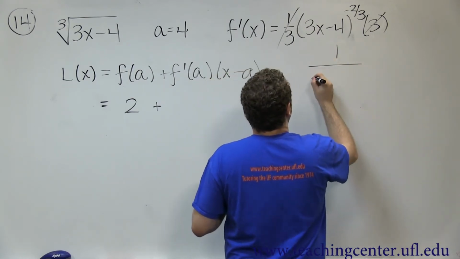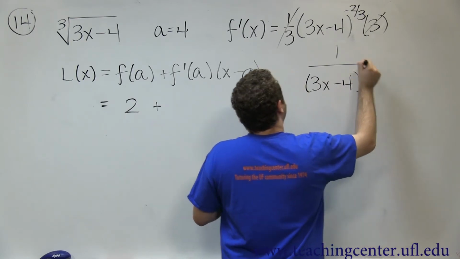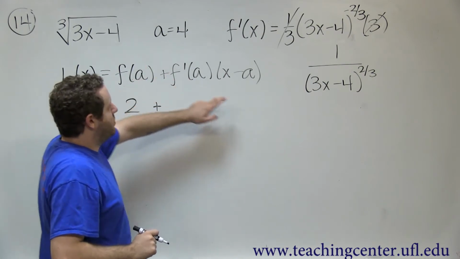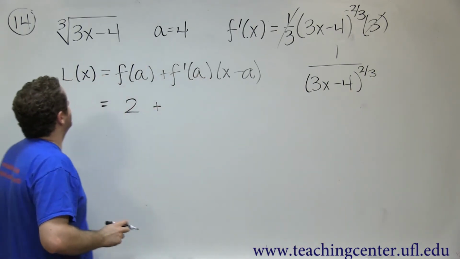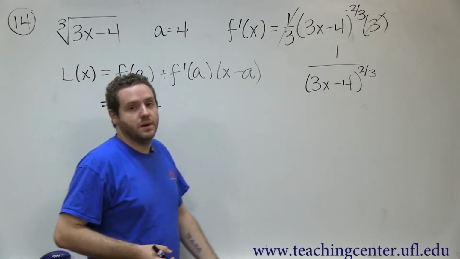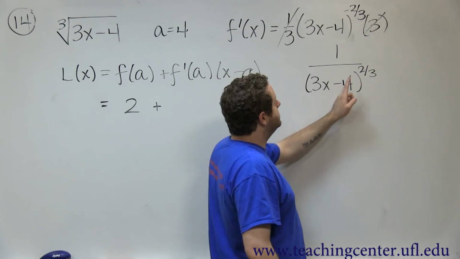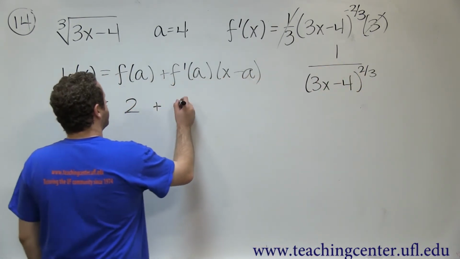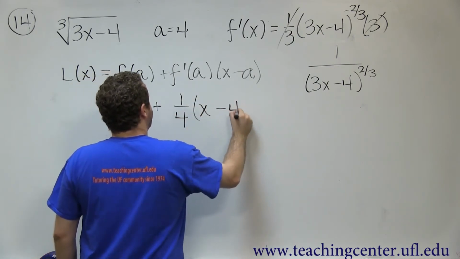This looks like 1 over 3x minus 4 to the 2/3. Well, if we plug in 4, this value is still 8. Now, instead of doing 1/3, we're doing 2/3, and it's on the denominator. So the cube root of 8 is 2, and then 2 squared is 4. That's on the denominator, so this becomes 1/4. And then this term is just x minus a, and a is 4.